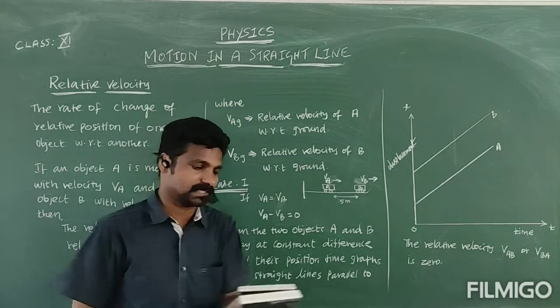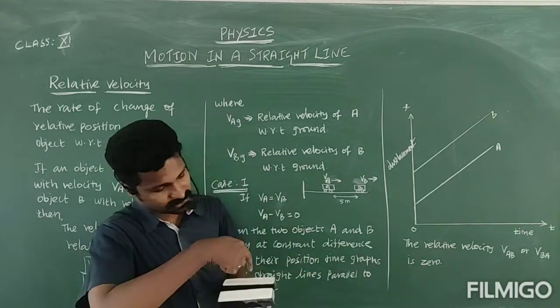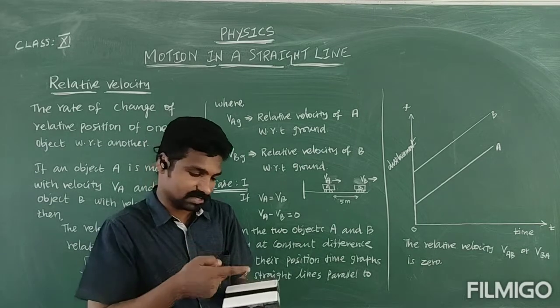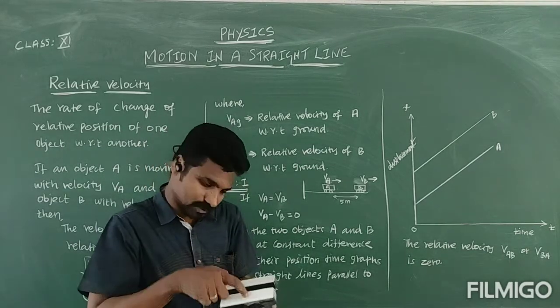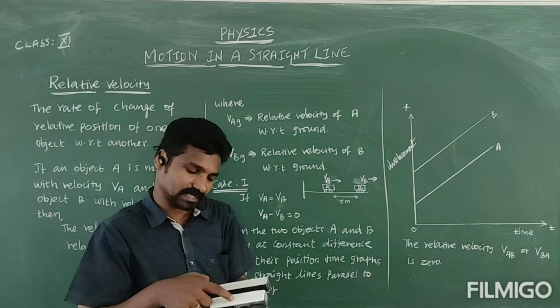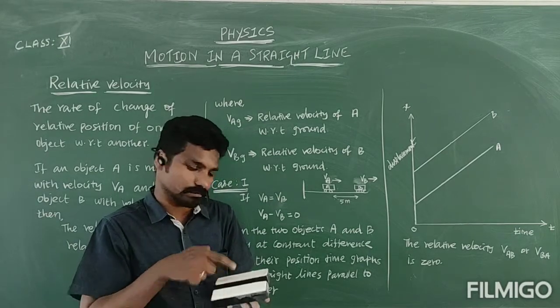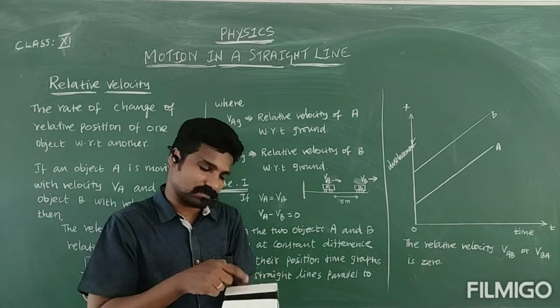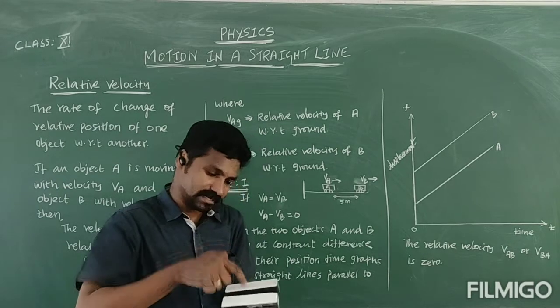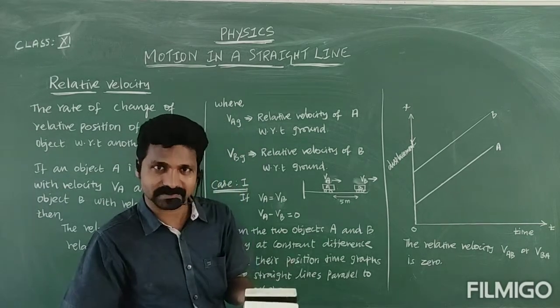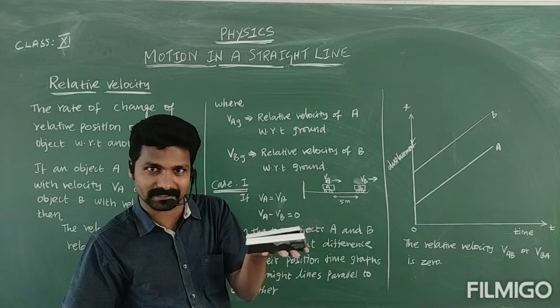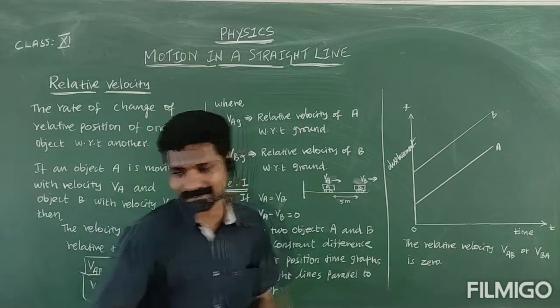Both will be traveling at the same speed. Some observers are sitting in B, some observers sitting in A. With respect to the A observer, the B observer is at rest. With respect to the B observer, the A observer is at rest. Those who are sitting near the window, they feel that.